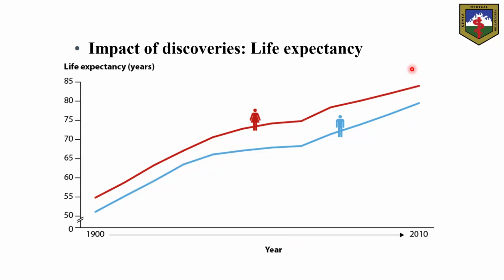I think Japan is the country with the highest life expectancy at around 89 and 90 years. And so this is again the impact of these discoveries and the research that has improved survival and reduced mortality, that has enabled the graph that you're seeing on the screen in terms of lifespan.